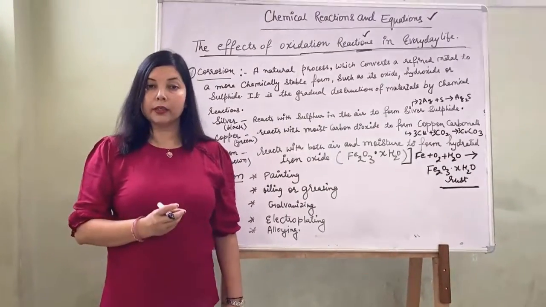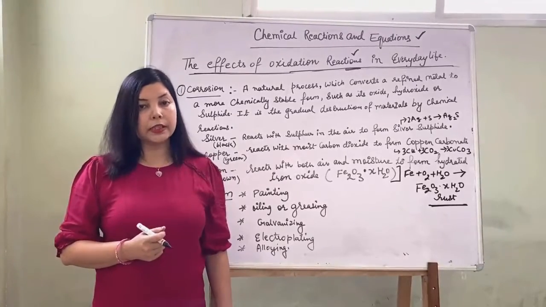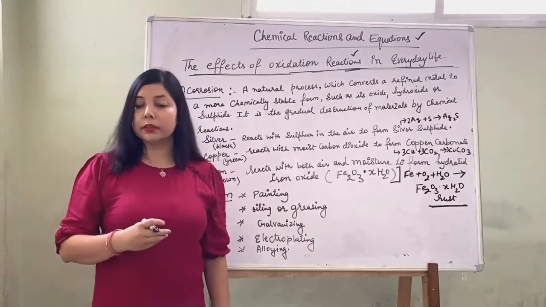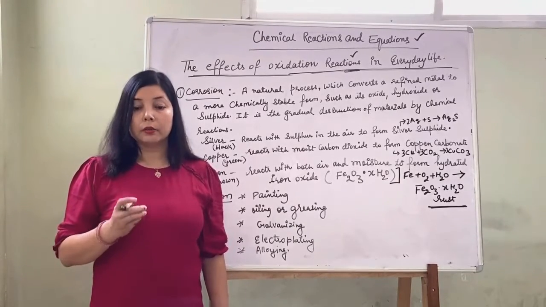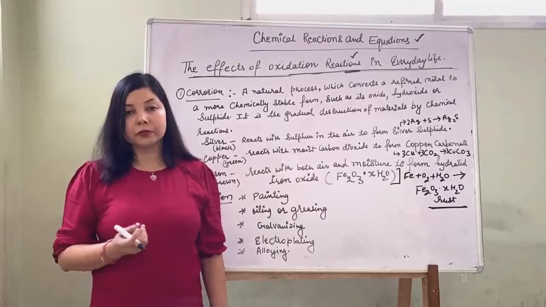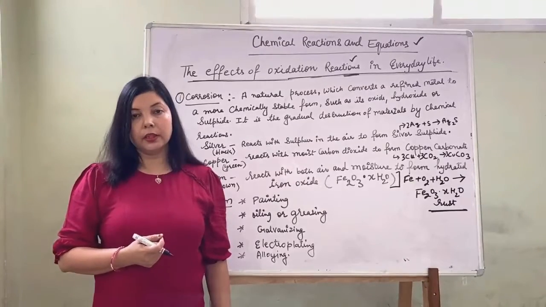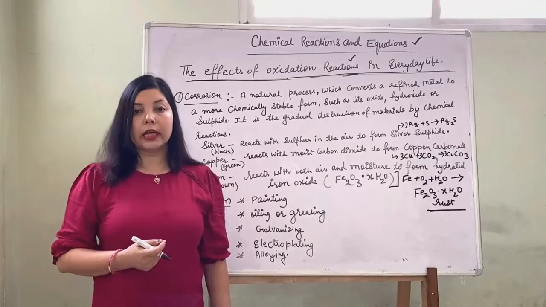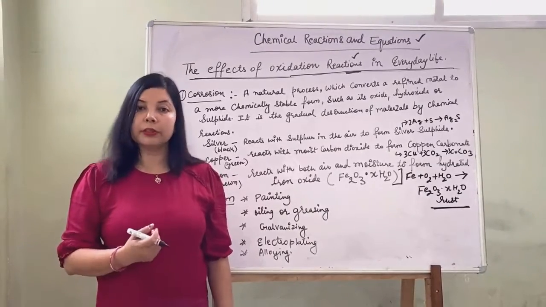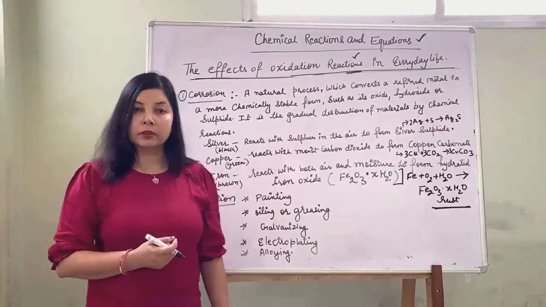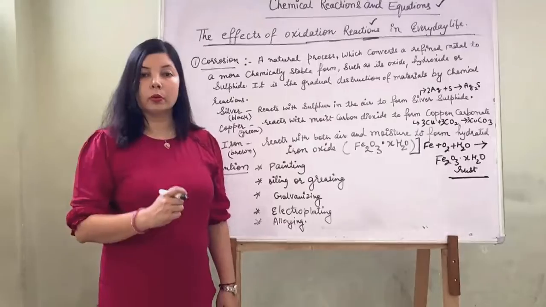Your iron gates, if not painted, turn into a brown flaky substance, silver turns black after some time, and copper turns green after some time. So why do these changes happen? You must be wondering why these substances are changing their color. What happens with them? So children, all these substances undergo corrosion.